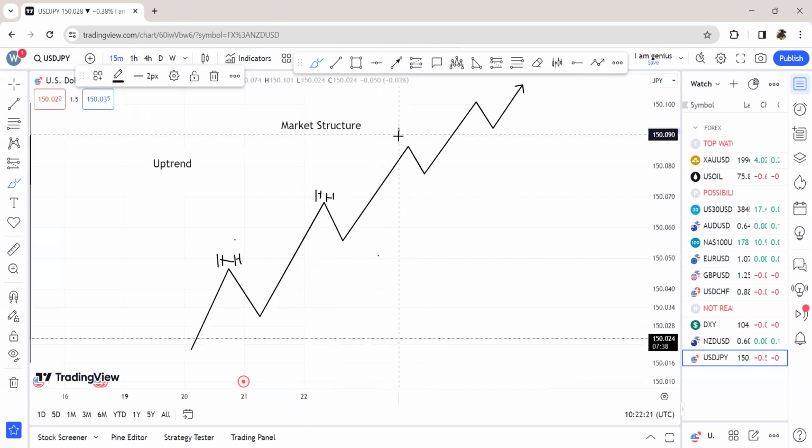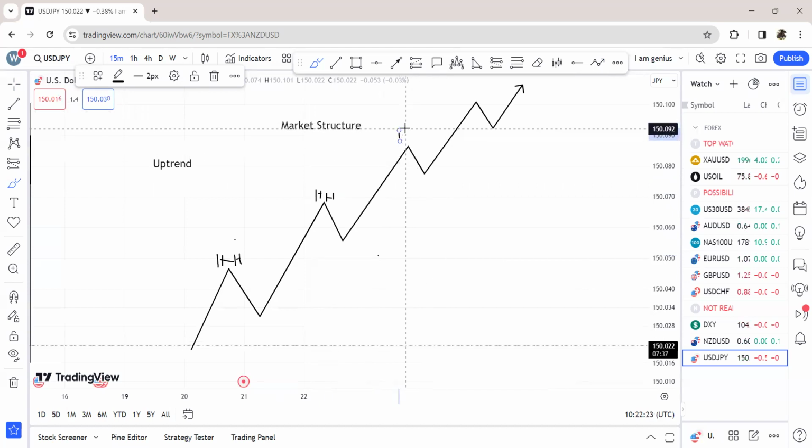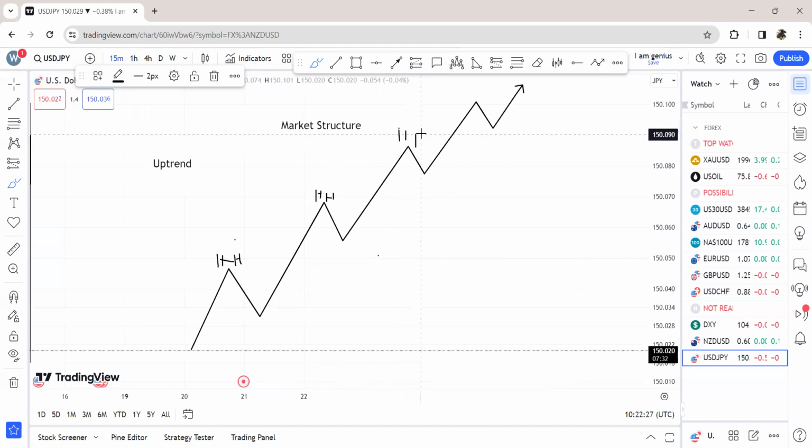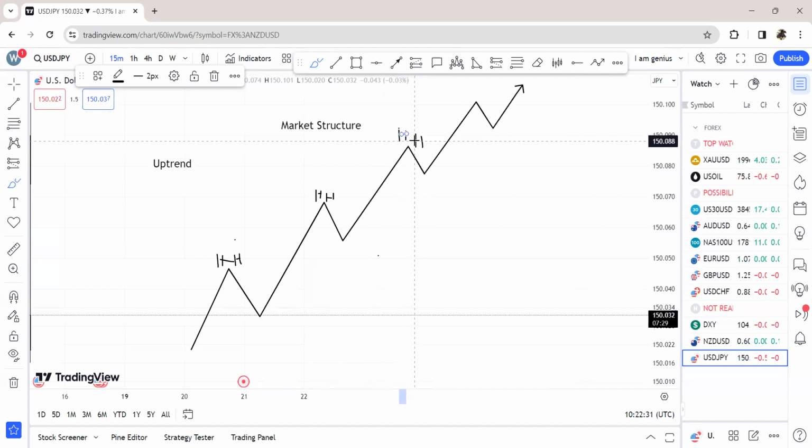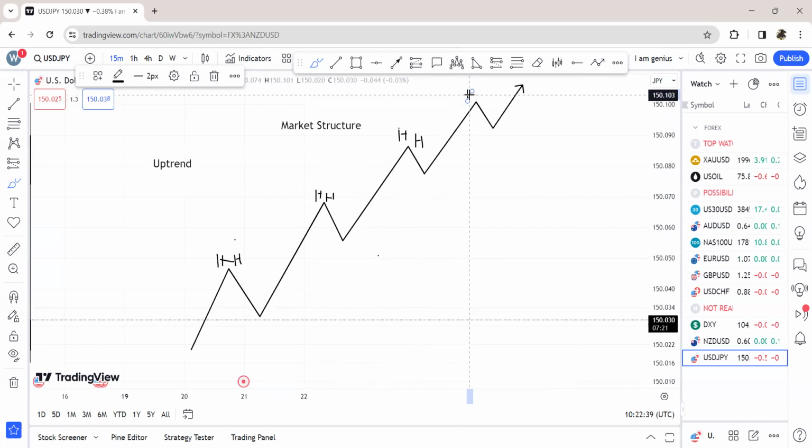It's the same here as well. You have H and another H. The importance of what I'm doing right now, I'll explain in a bit. H and another H here.